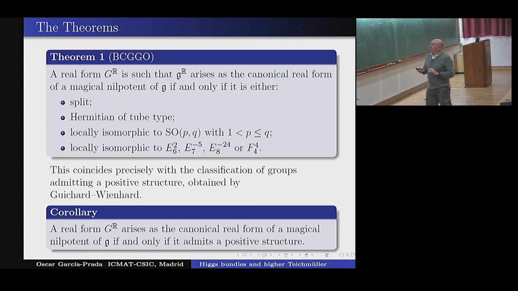But of course, if you think of the group Sp(2n,R), which we said is both split and Hermitian of tube type, and in fact, modulo local isomorphisms in small rank, is the only classical group that has that property, then you see that Sp(2n,R) admits two different positive structures.